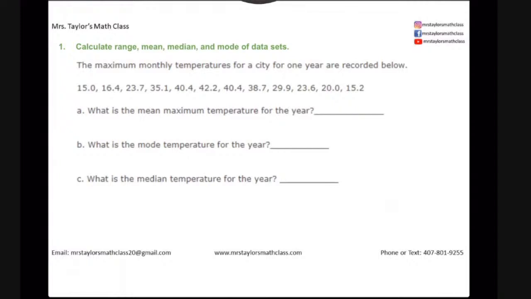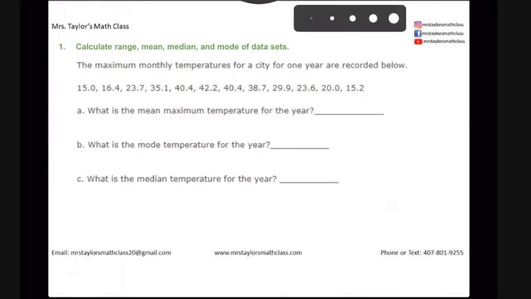It says you have three things to find. What is the mean maximum temperature of the year? What is the mode temperature of the year? What is the median temperature of the year? So, before we get started with calculating anything, let's put these numbers in order from least to greatest.